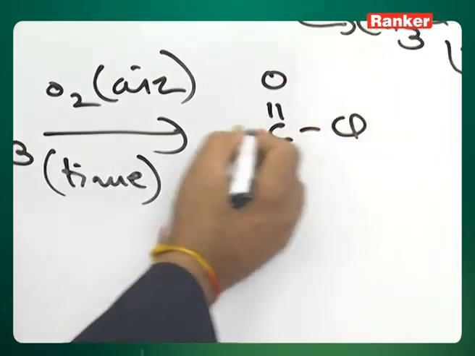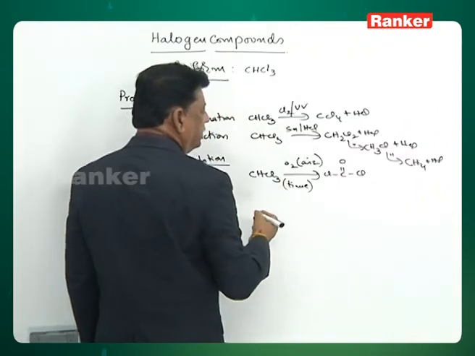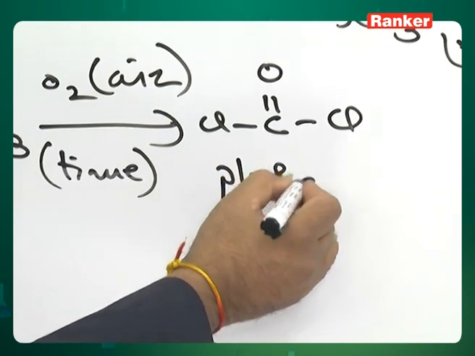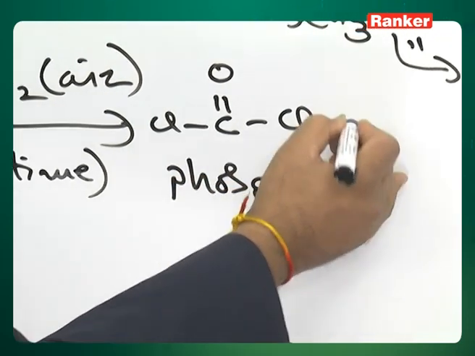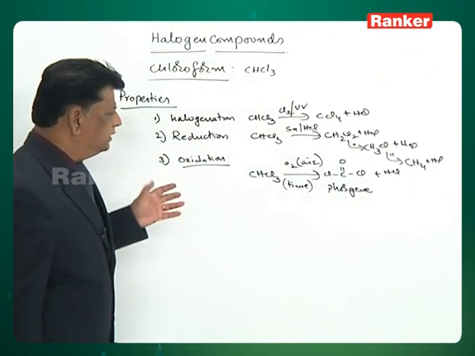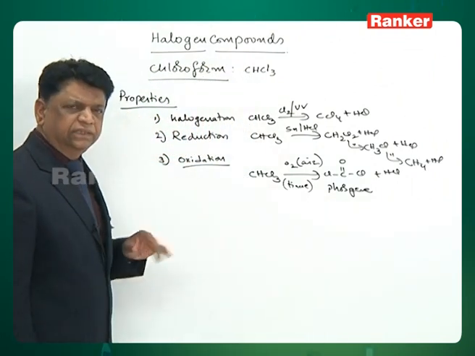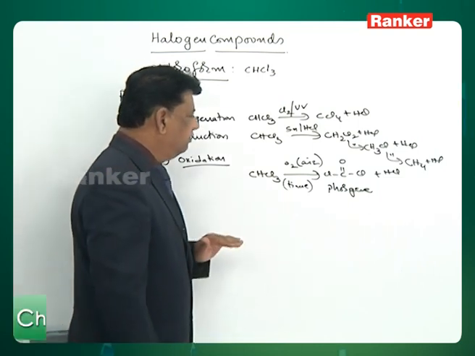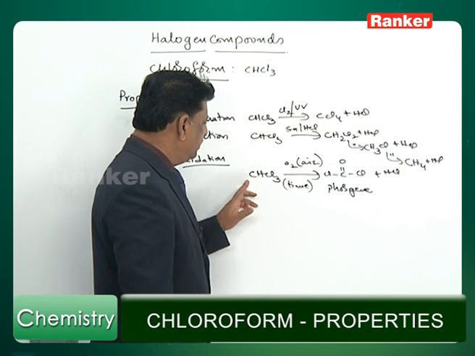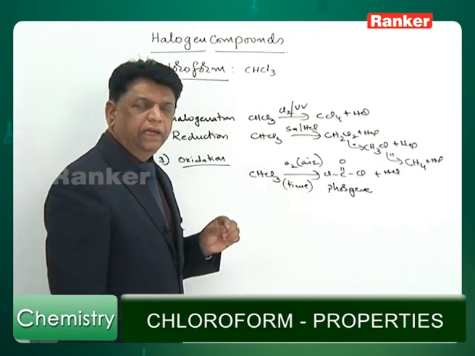So you will get dichlorocarbonyl, or carbonyl chloride, commonly known as phosgene, plus HCl is formed. As such, the chemical part of this reaction is not that important, but from the medicinal point of view, chloroform is an anesthetic agent.